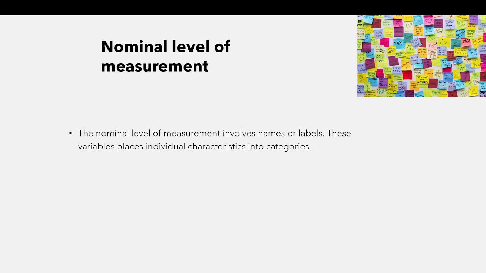And these variables place individual characteristics into categories. So I'm going to give you some examples of this. Examples of nominal variables include gender. When we ask a question of gender or gender identity, we are going to provide individuals either the opportunity to include their own gender identity, or we are going to provide a predetermined series of gender identities that we would include.